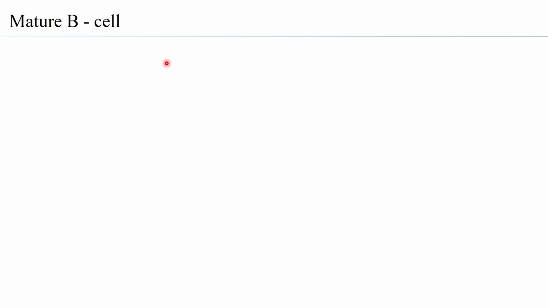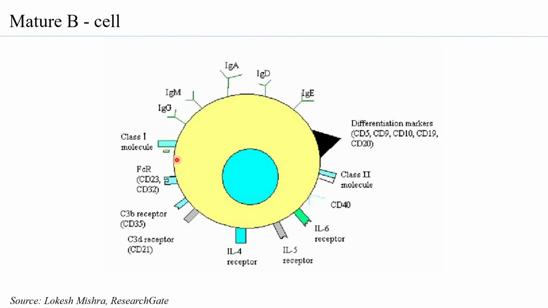So once you have the B cell maturing, these are the various different cell surface molecules that are present on a mature B cell. As you can see over here, a mature B cell can have all the different classes of antibodies present, and these are all able to bind to a specific antigenic determinant only.